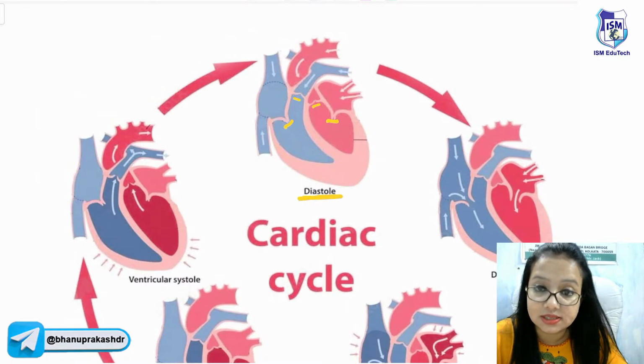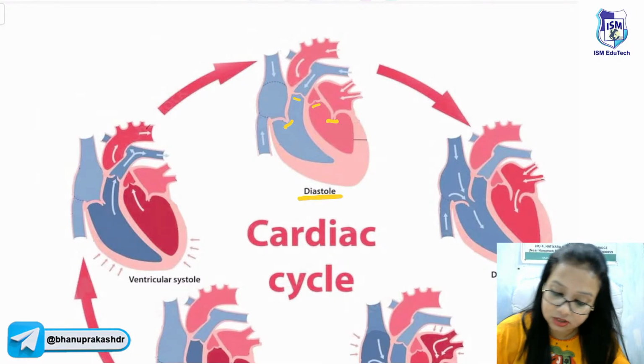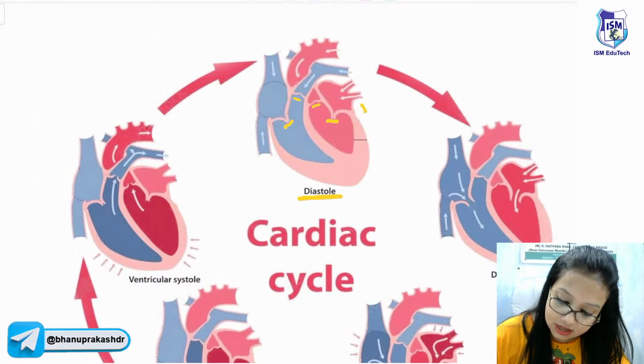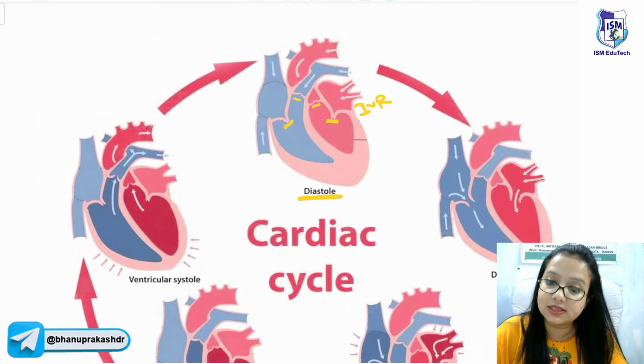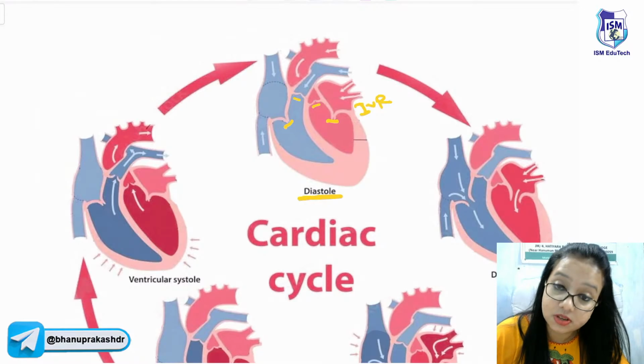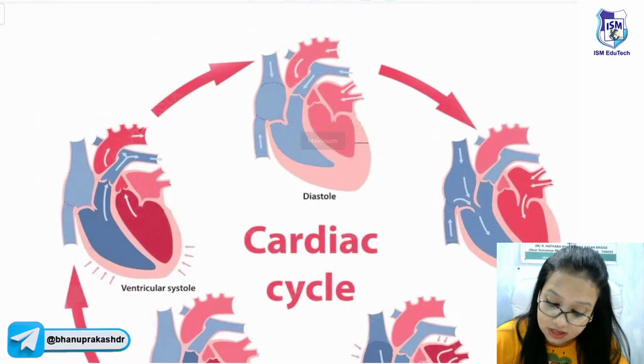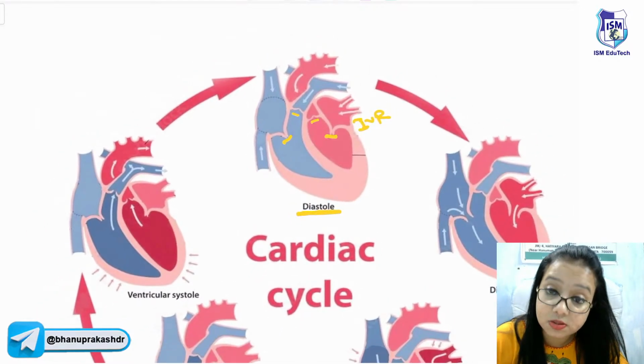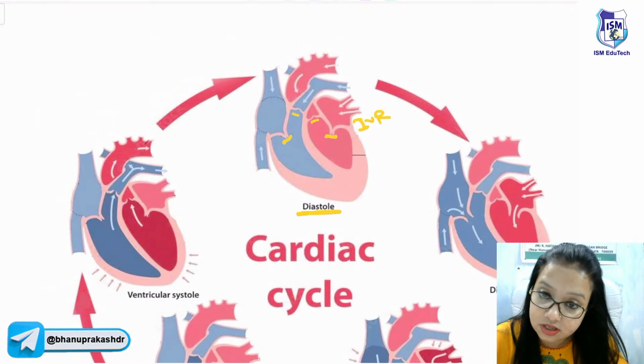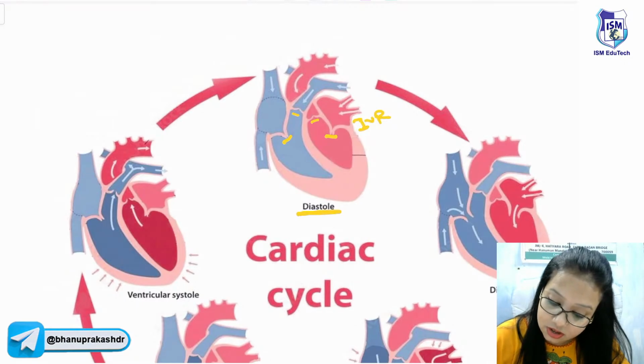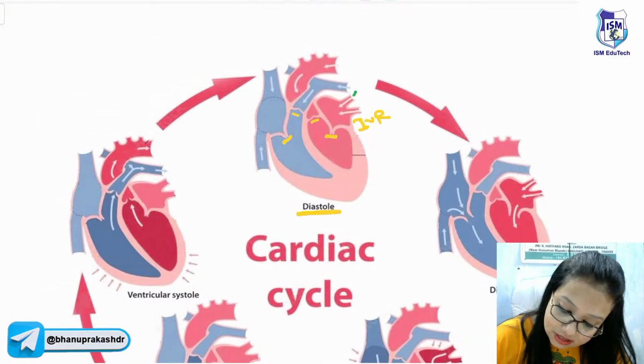What we see here is isovolumetric relaxation. Once the isovolumetric relaxation happens, there is elongation or enlargement of the cardiomyocytes of the ventricle. The pressure in the ventricle drops, and see here, the atria is receiving blood flow. Look at the arrows. So blood is coming and filling the atria.